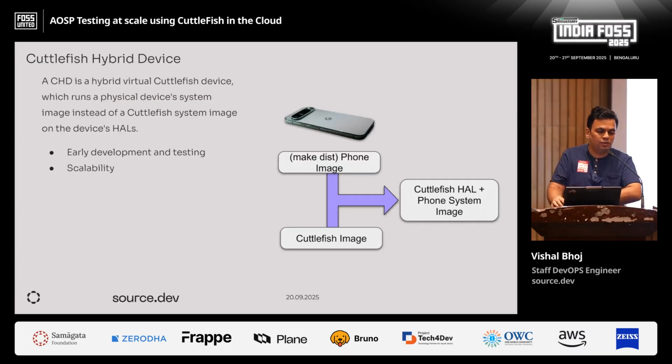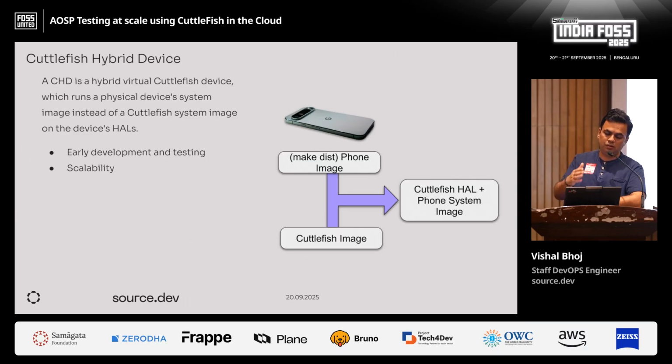With the Cuttlefish virtual device, Google has introduced a concept called Cuttlefish hybrid device, where you can take your phone's system image that you've built for that device, take the reference Cuttlefish image, and merge them to create a Cuttlefish hybrid device, which will boot on Cuttlefish but will run the system image. By system image, I'm talking about the skinning and so on which are there as part of the device.